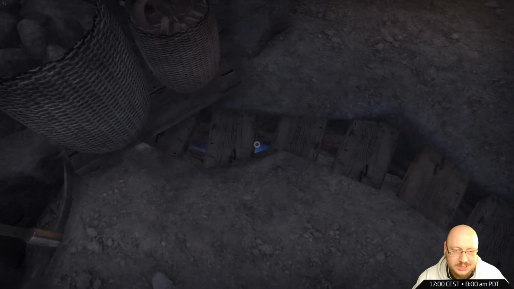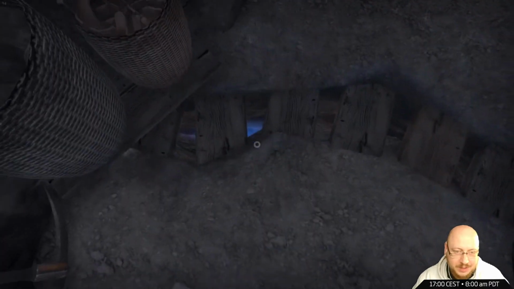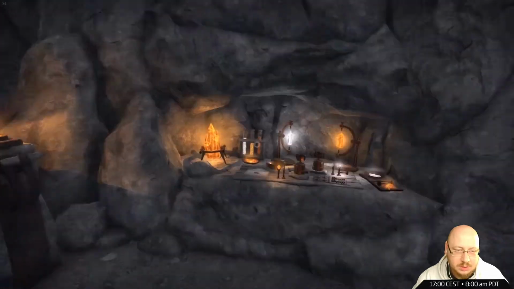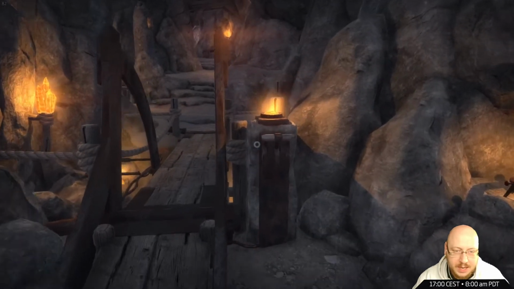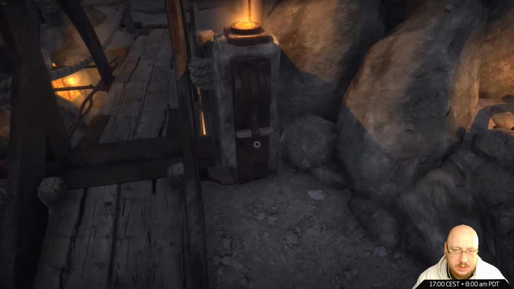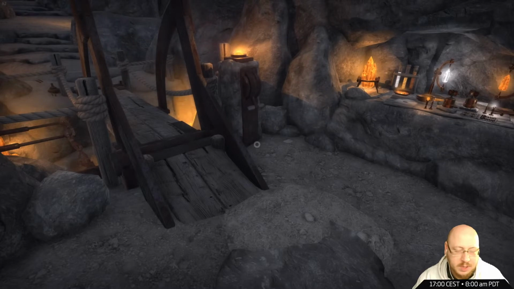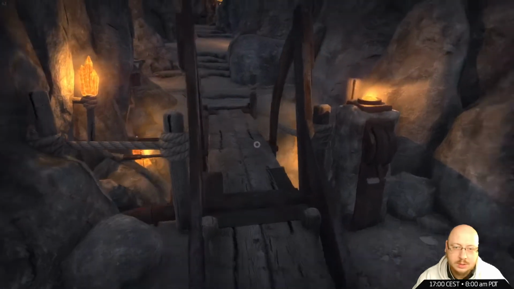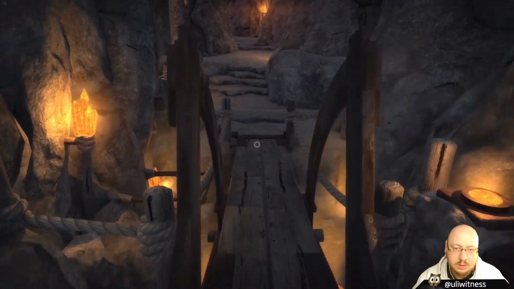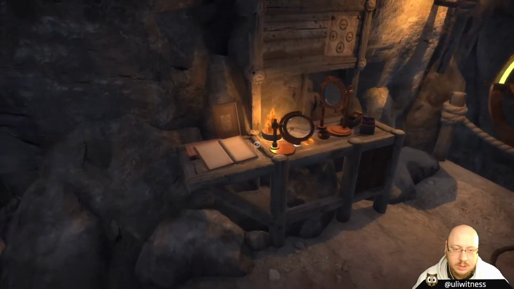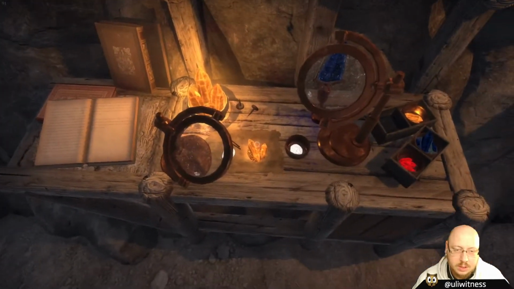Oh, cool detail. There's a gap in the ground where you see some blue crystal. So I guess this is the mine. Now I've locked it in place, apparently. Or didn't? No, I did. Okay.